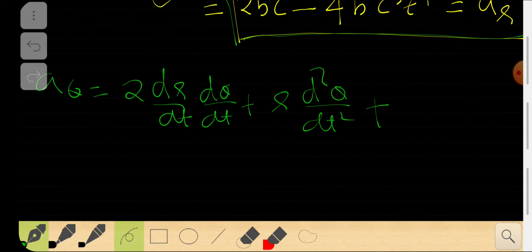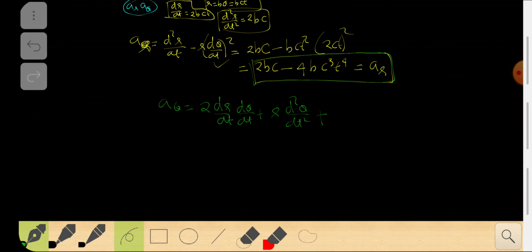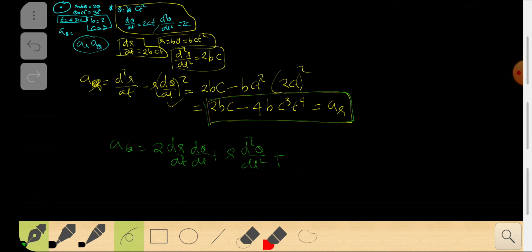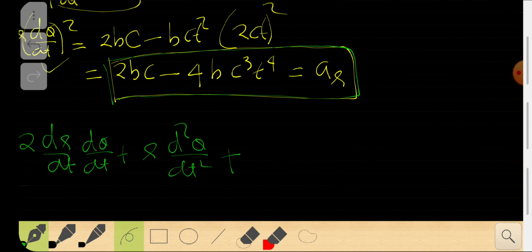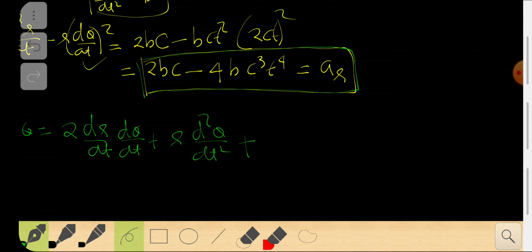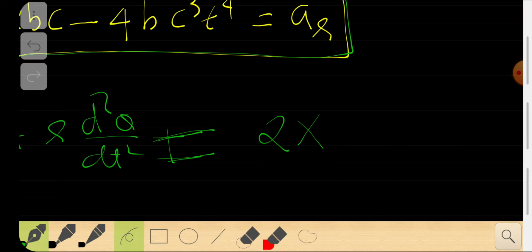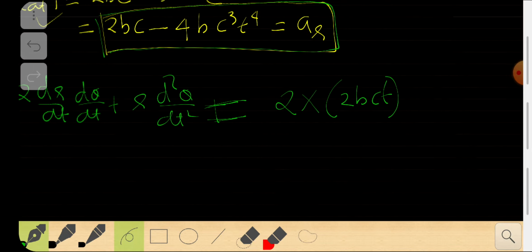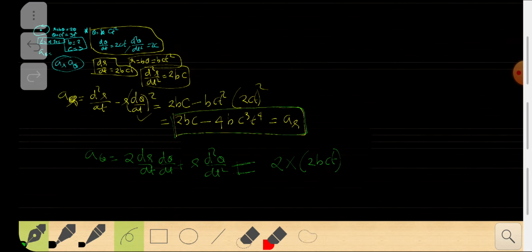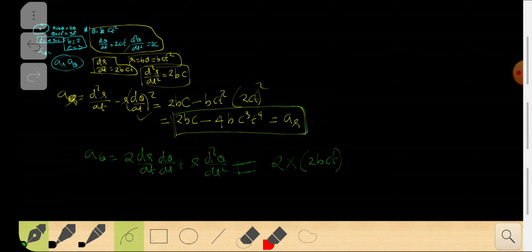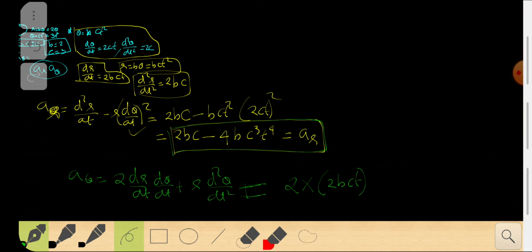So let's substitute. dr by dt is just 2bct, times d theta by dt, and d theta by dt is 2ct.